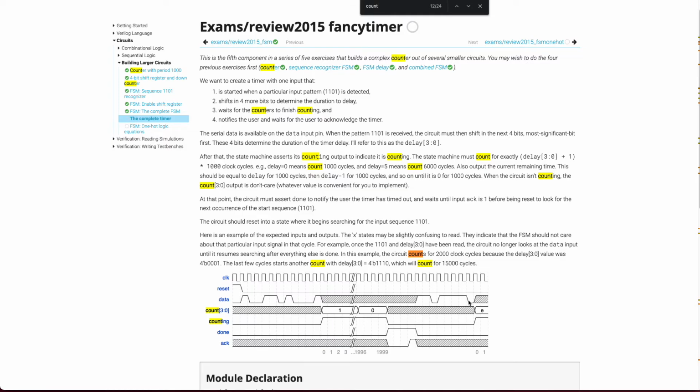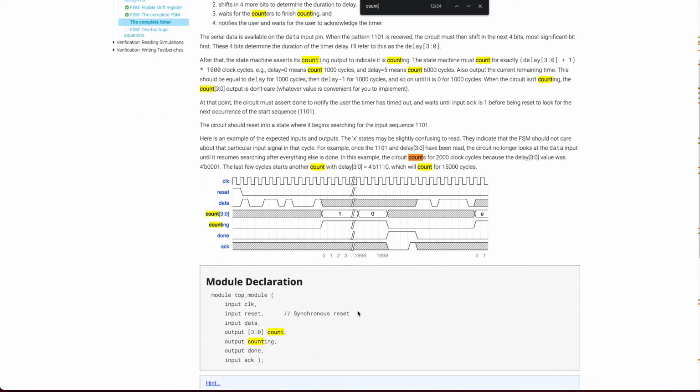This should be equal to delay for 1,000 cycles, then I see. So every 1,000 cycles, this counter goes down. Got it.